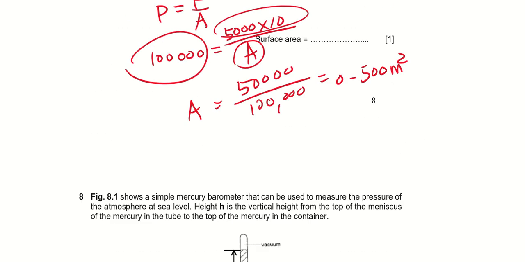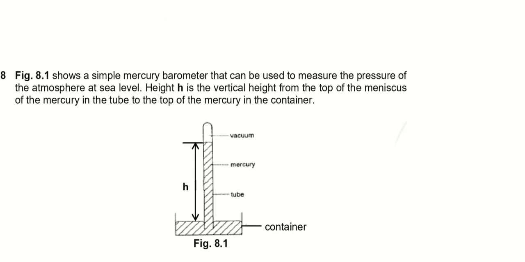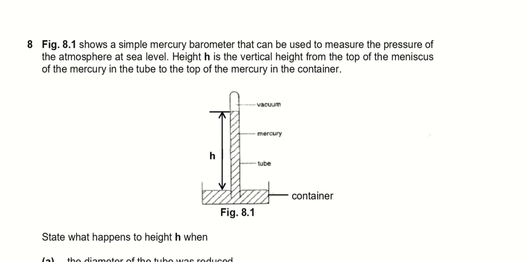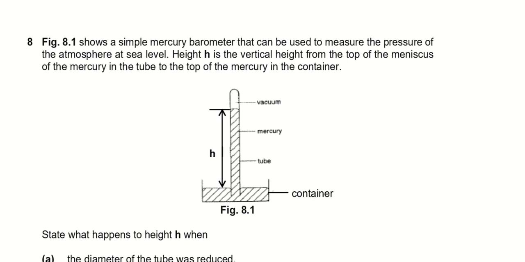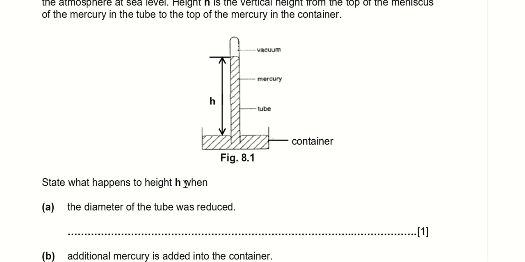Okay, question 8. It shows a simple mercury barometer used to measure the pressure of atmosphere at sea level. Height h is the vertical height from the top of the meniscus to the mercury. Now state what happens to height h when the diameter is reduced.